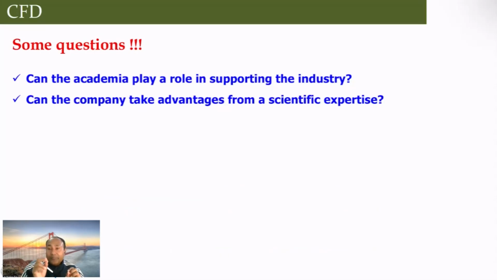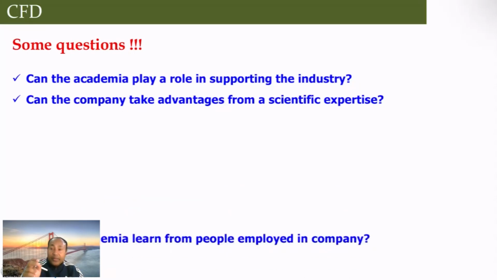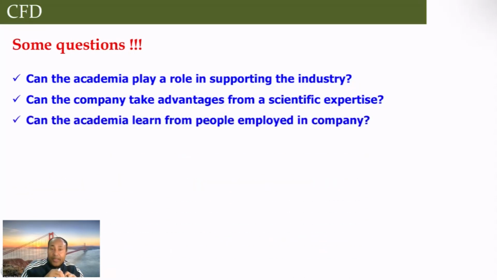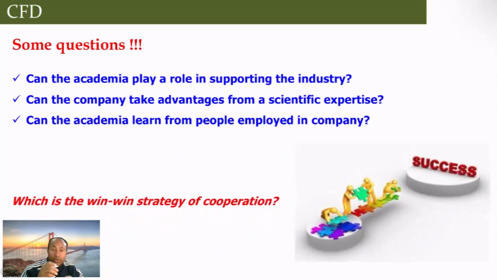Because the academic community has the scientific expertise which can be used by them, and also academia learns from the people employed in the company because they are experienced in day-to-day operation and in handling practical problems. So it's a win-win strategy of cooperation.